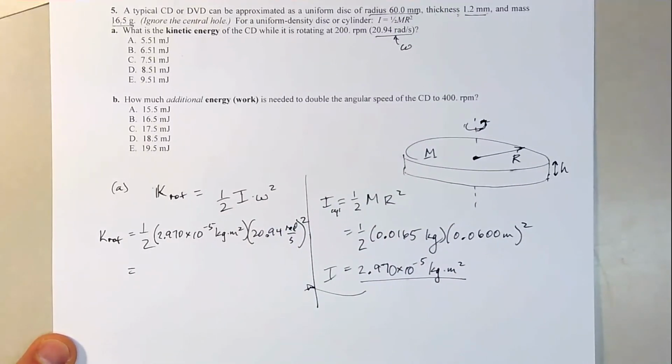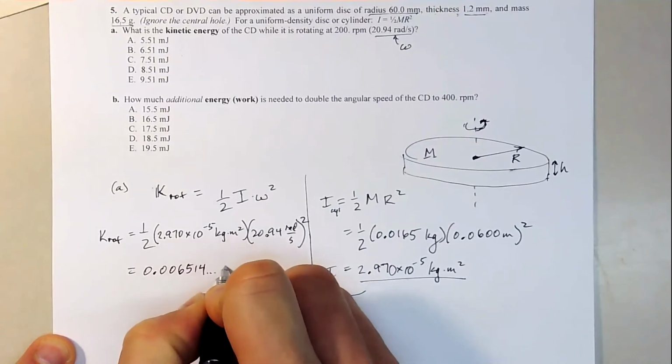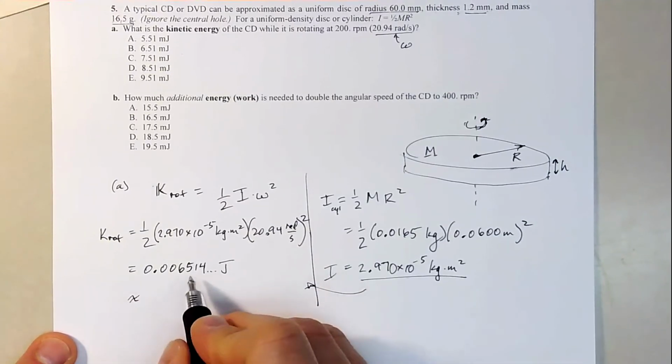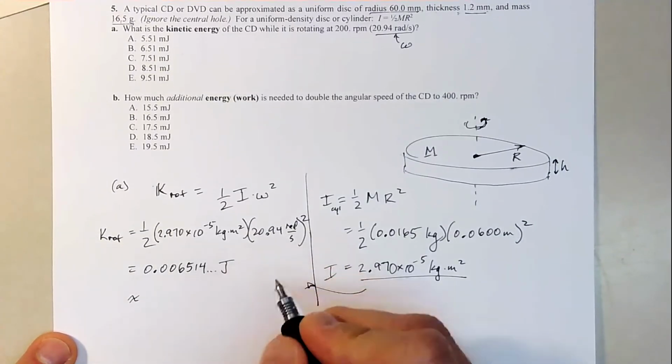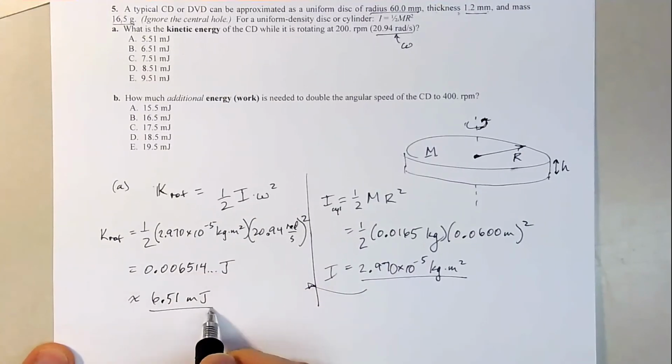I asked my calculator what that is, and I get 0.006514. Let's round this off to 3 sig figs and convert the joules into millijoules. So 6.51 millijoules.